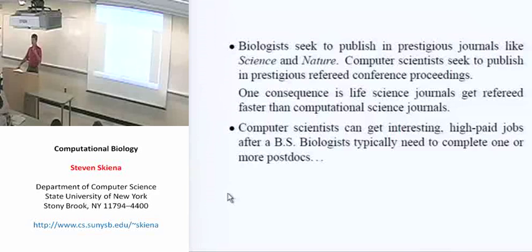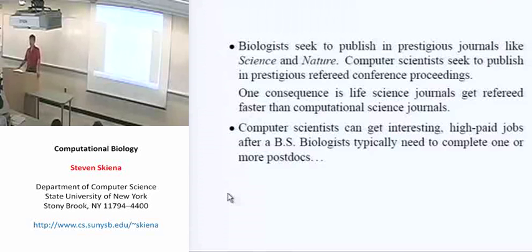Part of the difference here is, again, between discovering things and inventing things. If you are discovering things, you need to put it in an archival place that everybody sees, so racing to get into a good journal is an important thing. The CS system is different. Not better, not worse, but different. And one interesting thing is how fast life science journals get refereed relative to computer science journals.